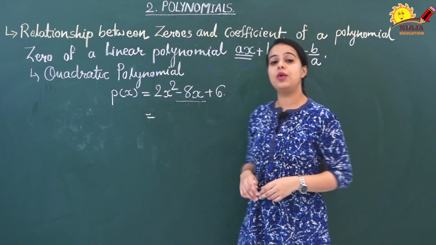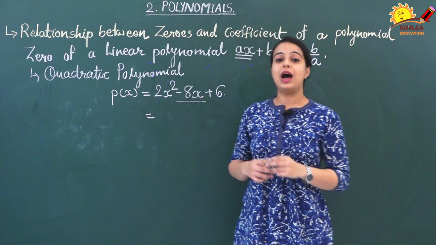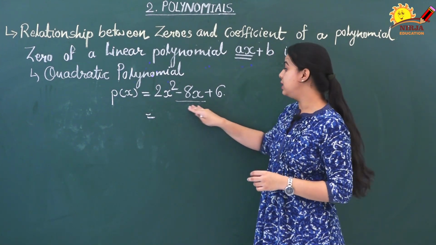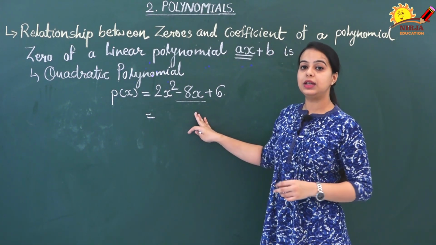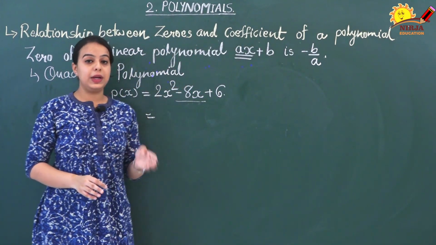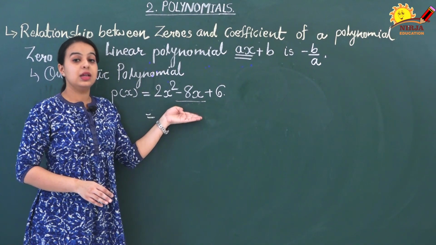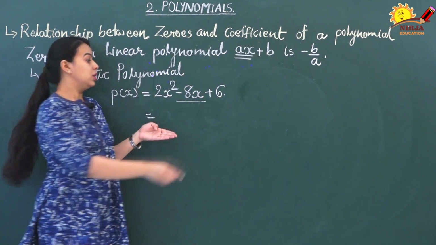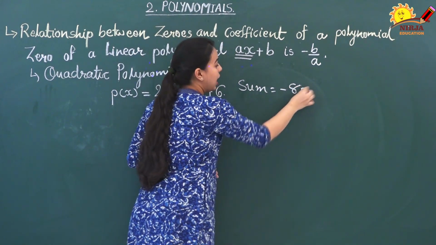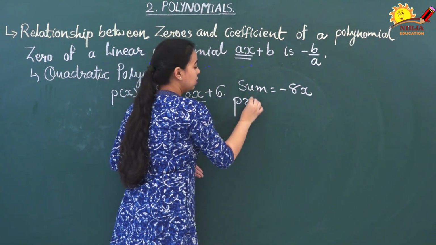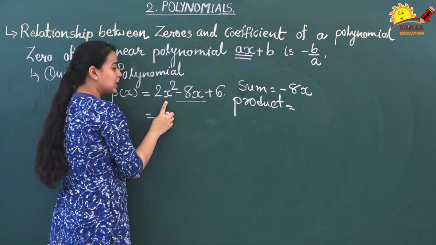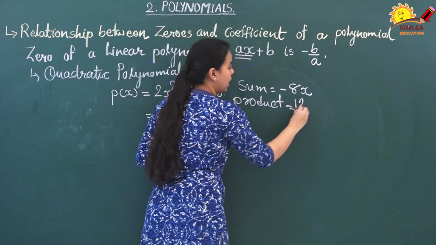Now, as you have learnt in class 9th, we factorize a quadratic polynomial by splitting its middle term. Here our middle term is minus 8x. That means we need to split this minus 8x in such a way that the sum of the numbers should be minus 8x and the product will be 6 multiplied by 2x square, which is equal to 12x square.